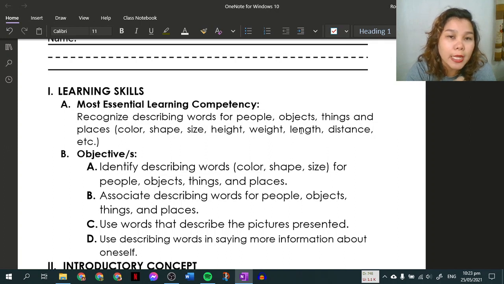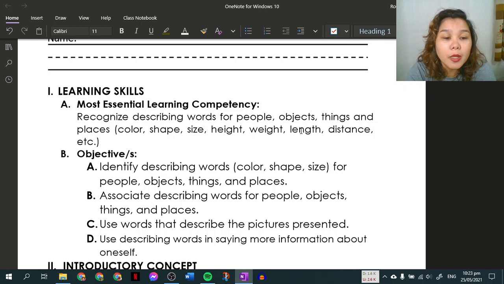So to relate what will be the next objectives, it's some sort of review, and then more challenging activities about this. And then another objective, associate describing words for people, objects, things, and places. And then number 3, use words that describe the pictures presented. So now we are going to use the describing words, not just identifying them.